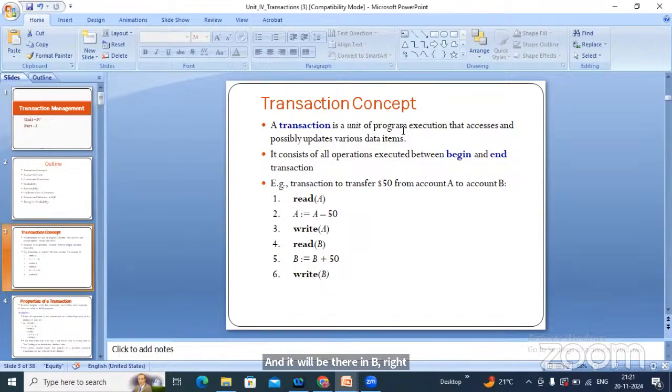Next write A. Now A will become 40. Then read B, B equal to B plus 50. Now 50 will be added to B. And the last final thing, write B. So this is the transaction concept.